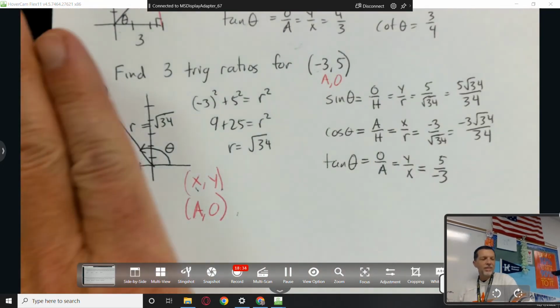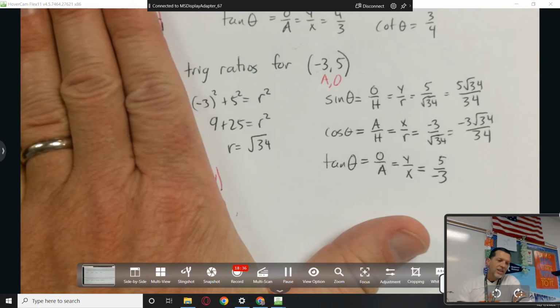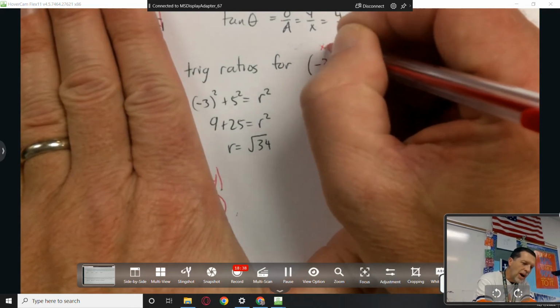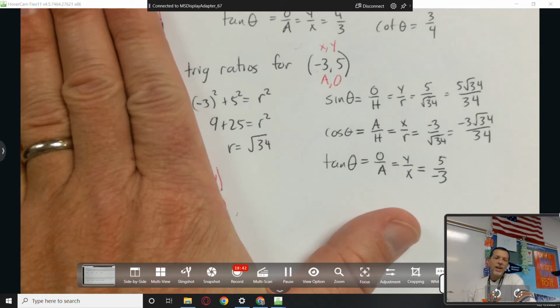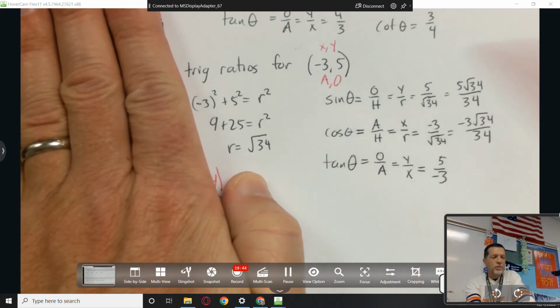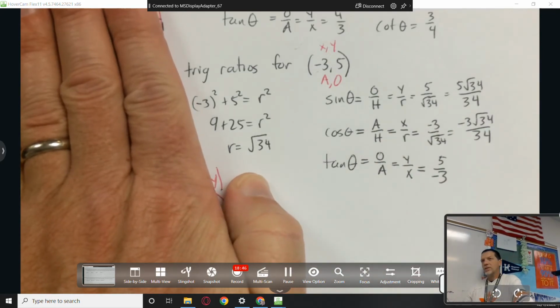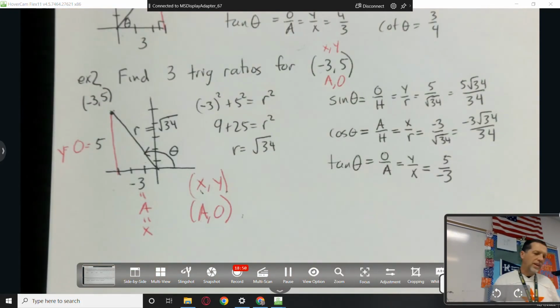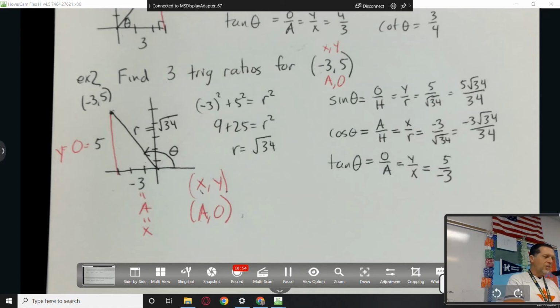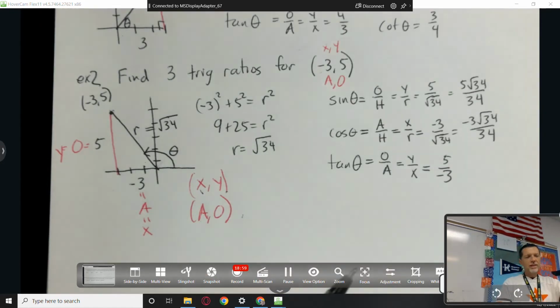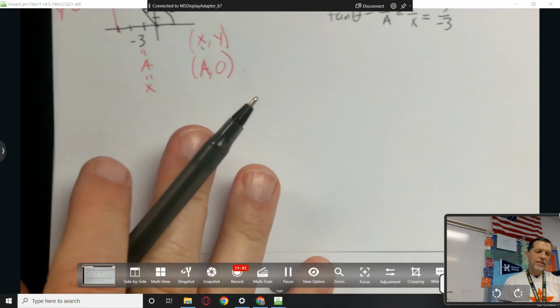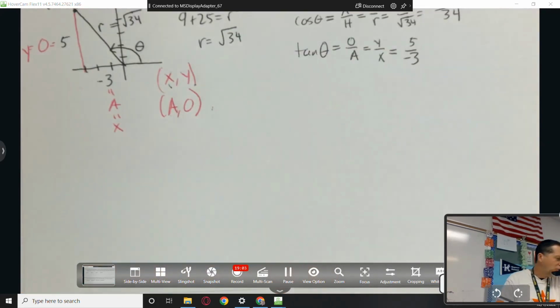But if you're trying to get through quick, it's still x comma y, but it's also A comma O, and then you can do your ratios without even looking at the picture. So that's sort of the shortcut. But it's one of those shortcuts where if you use it too much, you might forget why it works and what's going on. So that's one where I hesitate to even show the shortcut.